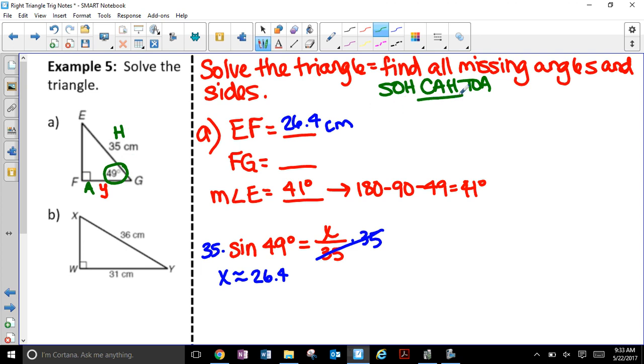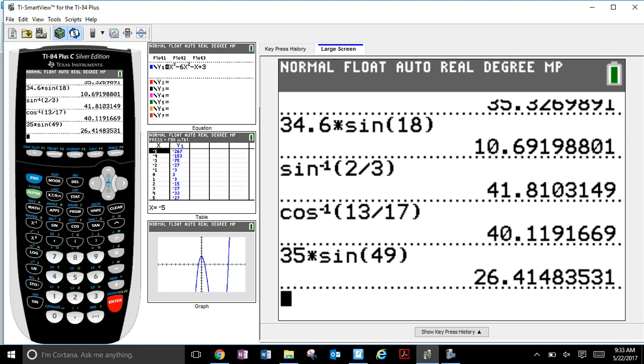So cosine of 49 degrees is going to equal adjacent over hypotenuse. So that's y over 35. All right, then we need to solve. So multiply by 35 on both sides. So then 35 times cosine of 49.